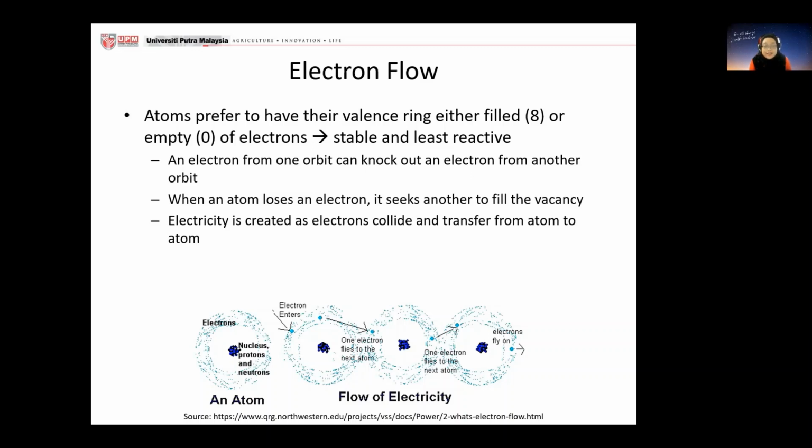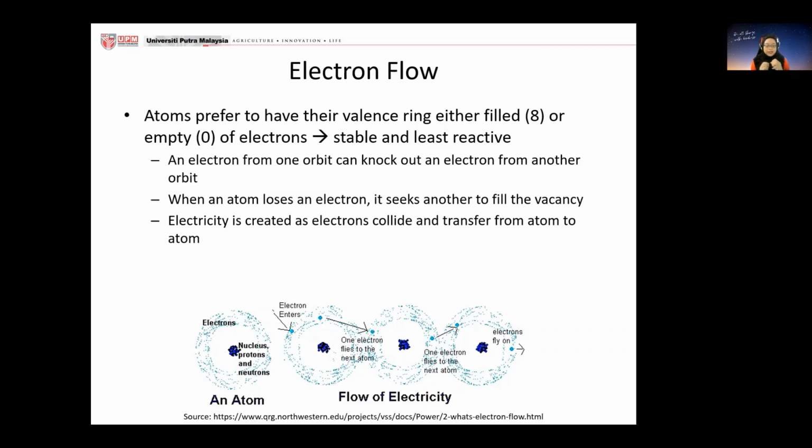At the same time, an electron from one orbit can knock out an electron from another orbit. So that's how electrons can move from one orbit to another and from one atom to another atom. When an atom loses an electron, it always seeks another electron to fill the vacancy.